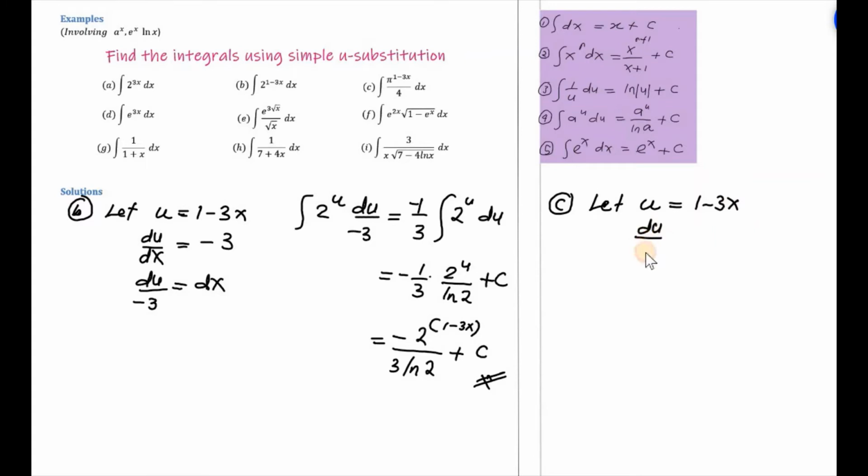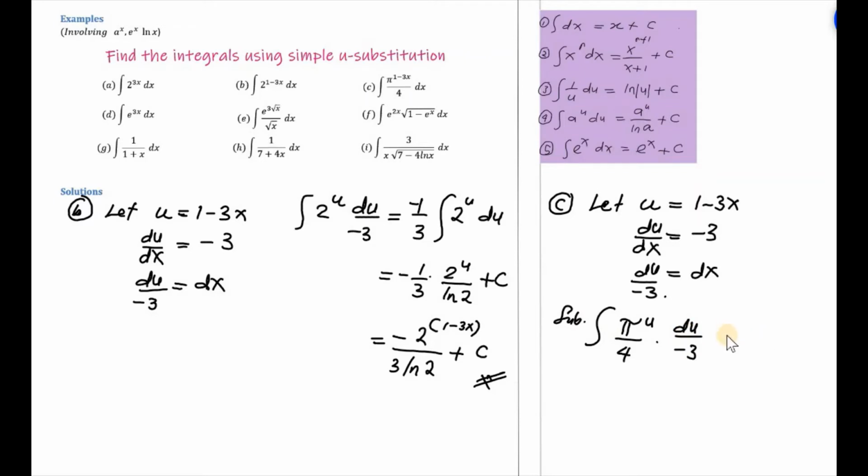In order to replace dx with u, we need to differentiate, which gives negative 3. So dx there is du over negative 3. So we substitute. So this question will become pi power u. Pi is a constant, 3.14 something. And dx is du over negative 3.